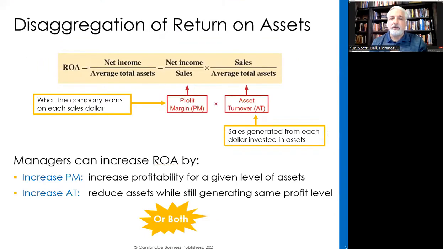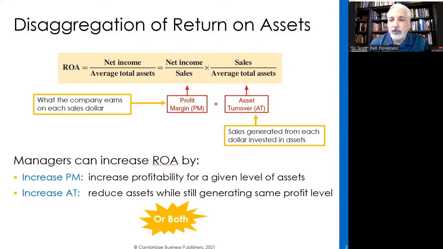So taking a look, here's our ROA, net income over average total assets. We know about that. We separate now into our profit or net income percentage, net income as a percent of sales, bottom line divided by net sales. And we have the sales over average total assets. So our asset turnover, based on what we invested, how much sales have we generated?